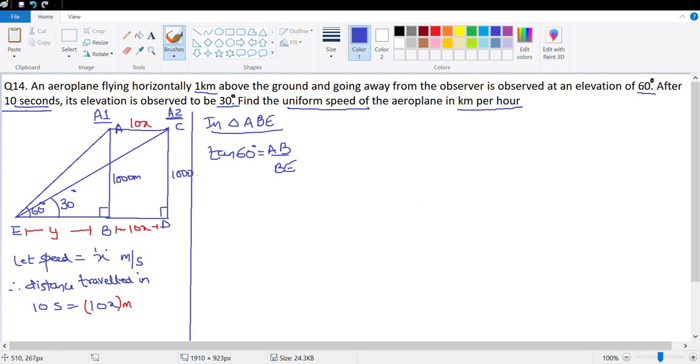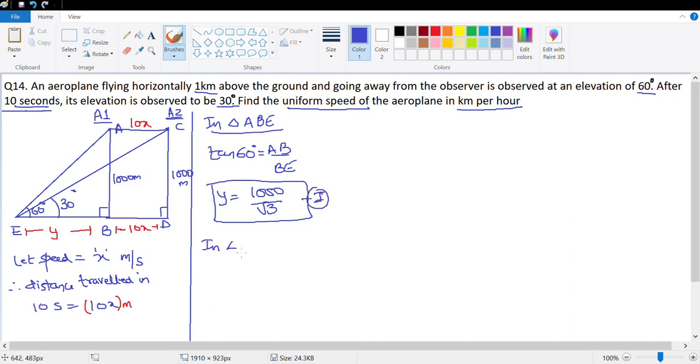Similarly, CD is also 1000 meter. Tan 60 degree is equal to root 3. BE is Y, so Y is equal to AB, which is 1000 upon root 3. Done. I can rationalize it as well. Let's just leave it here for now. We can rationalize it later.